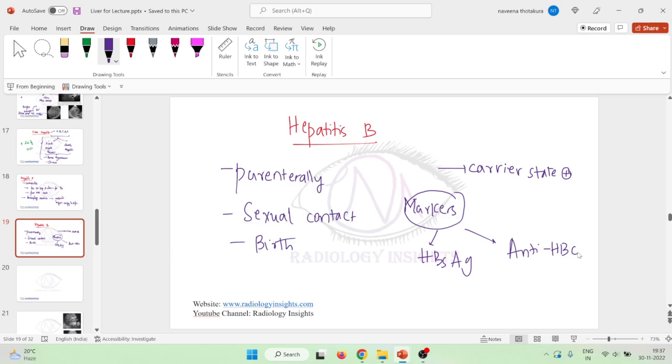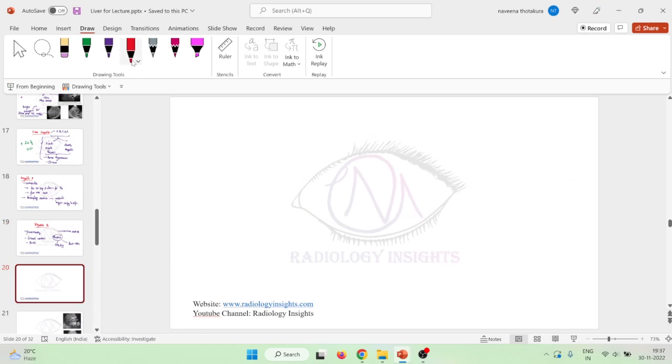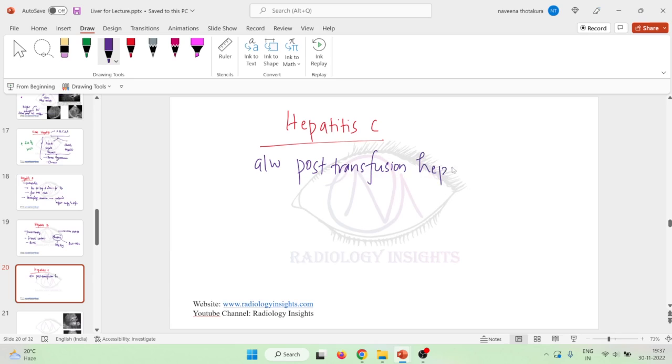Then we have the next type, which is hepatitis C. This hepatitis C is a disease associated with post transfusion. That is, after transfusion, hepatitis C is the most common type of hepatitis, so it is called post transfusion hepatitis. And hepatitis C is also common in those people who share needles for intravenous drug injection.